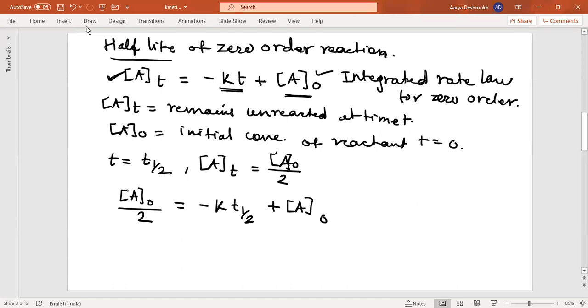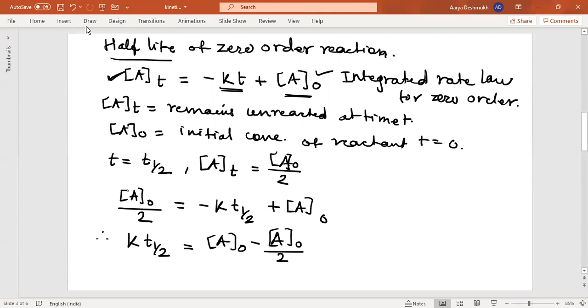Rearranging the equation, K times t half equals [A]0 minus [A]0 divided by 2.